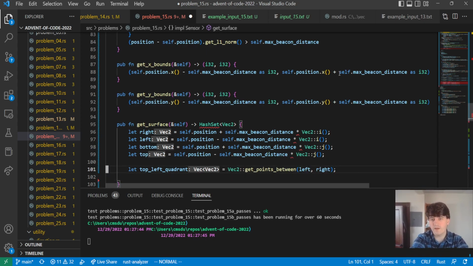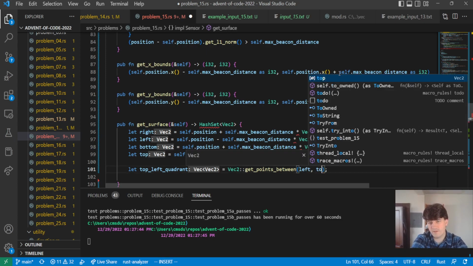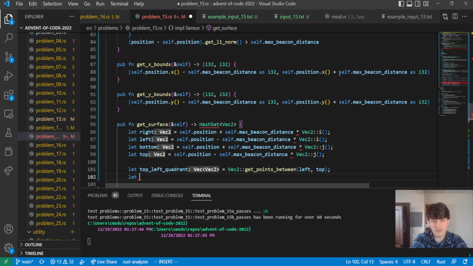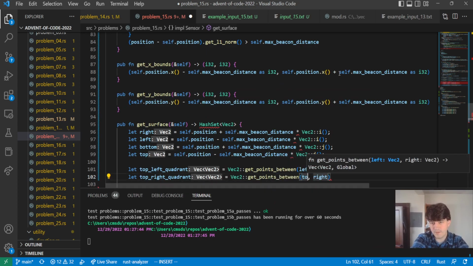No, not left and right. Top left is left to top. We'll say let top right quadrant be the same thing, but top and right.